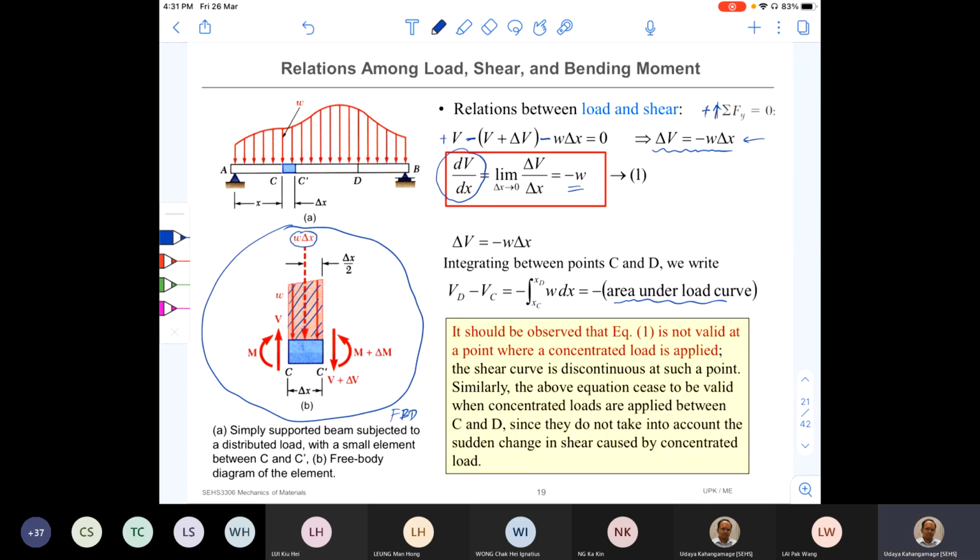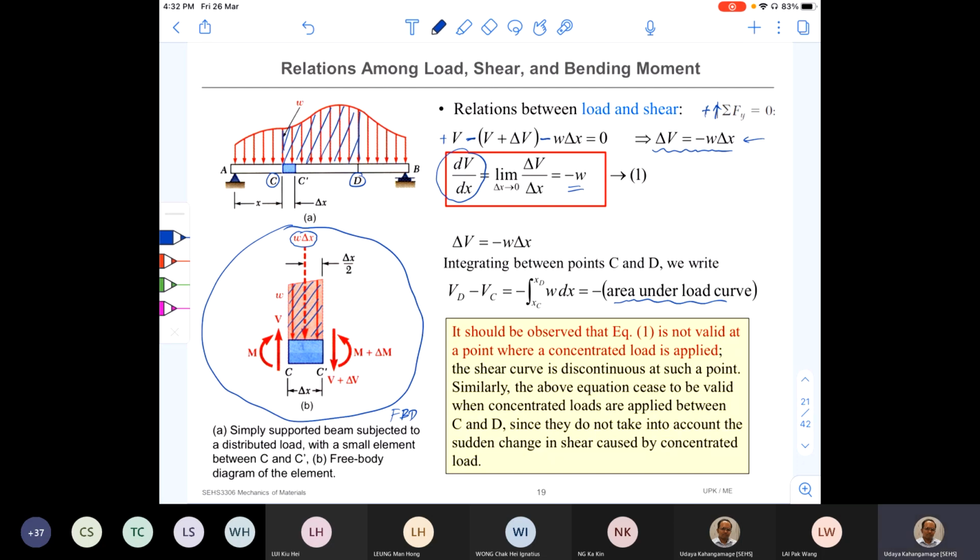Okay, so now we extend this understanding to find the shear force variation between 2 points from C to D. From C to C prime, shear force variation is equal to the area under the load curve, right? Then the shear force variation between C and D is also the area under the load curve, right?